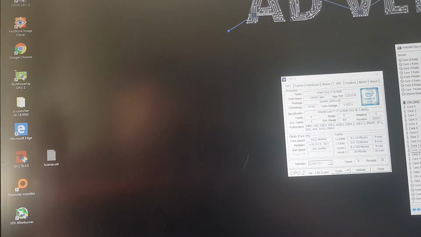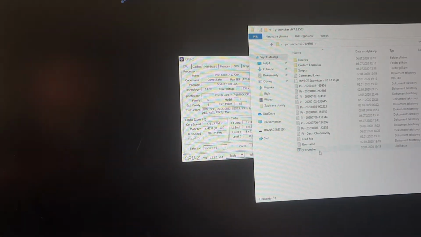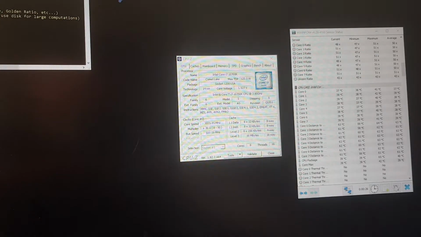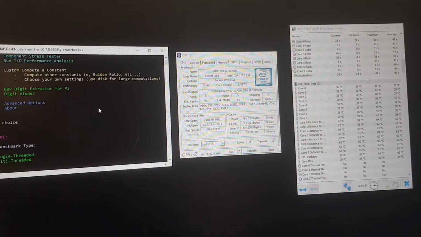Why do I say this? Because as we have almost the same idle temperatures, about 37 degrees, the game changes rapidly and dramatically with running any test.